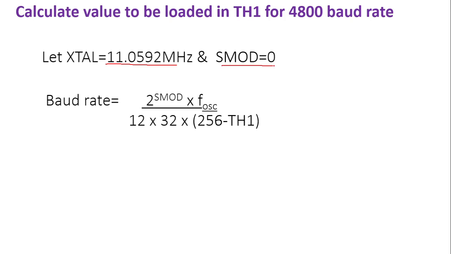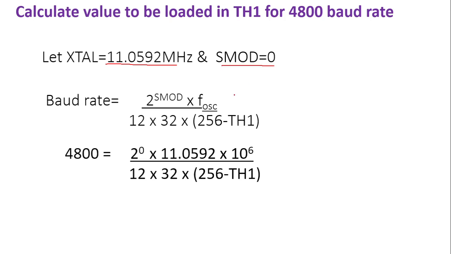Now replace these values in the formula. SMOD is 0, so 2 raised to 0 into the oscillator frequency, 11.0592 into 10 raised to 6, divided by 12 into 32 into 256 minus TH1, and 4800 is the desired baud rate. Once you solve this, you will find that TH1 has the value of 250, and when 250 in decimal is converted into hexadecimal, it is FAH.